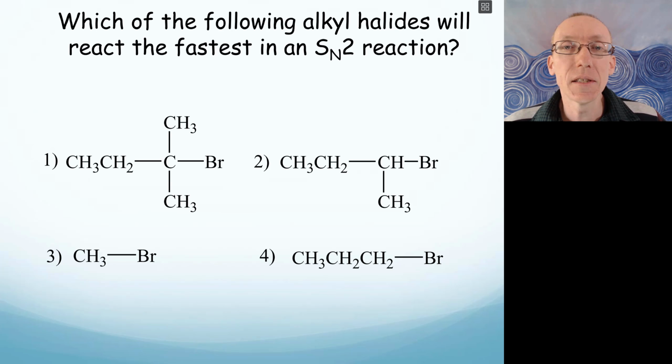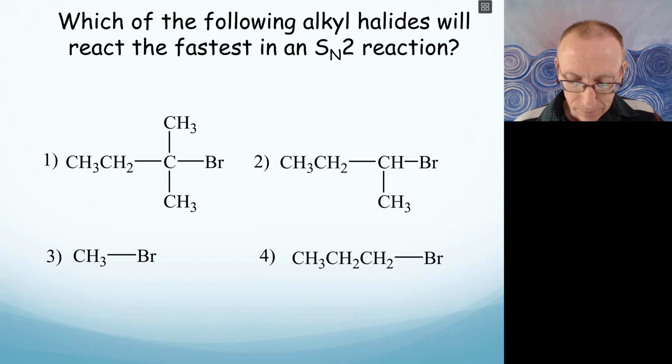Okay, so let's just have a look at this with a quick practice question. If we look at these 4 example alkyl halides, I want to be able to predict which one is going to be the fastest in an SN2 reaction.